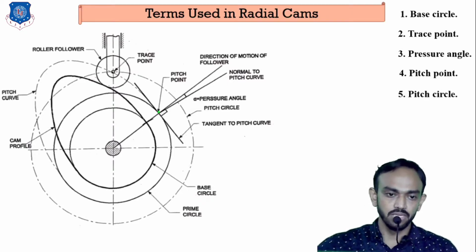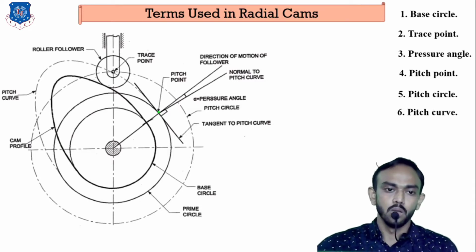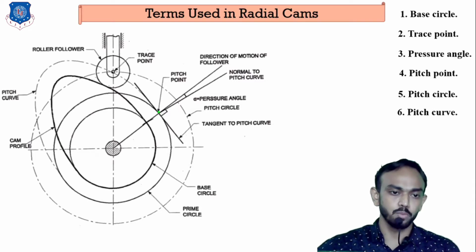Pitch circle means if you make any circle that passes through the pitch point, then it is known as the pitch circle. Okay, the circle which passes through the pitch point. The curve which passes through the trace point, okay, is known as the pitch curve. If I make a curve which passes through this trace point, it is known as the pitch curve.